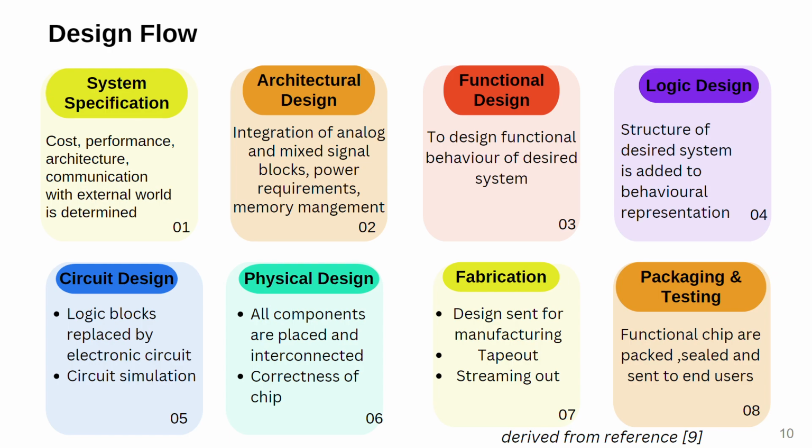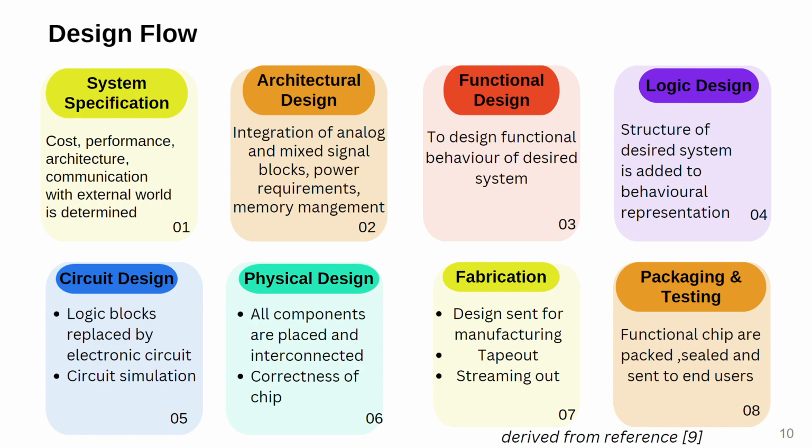In the system specification, the main objective of the desired system product is written, along with the estimated cost of the product and how it will perform, and also the architecture of the desired system, and how the system will communicate with the external world is determined in this step, and the specifications are provided by users and clients.